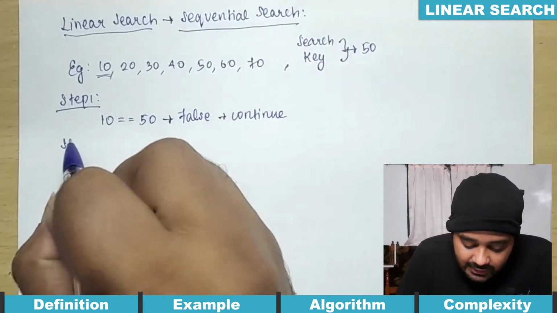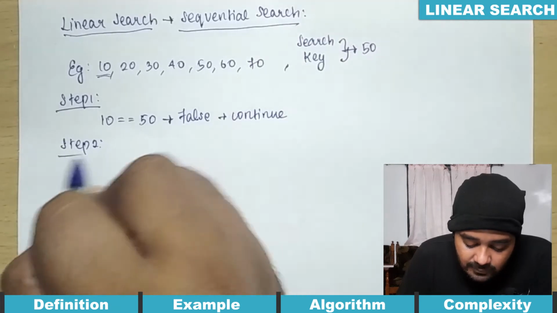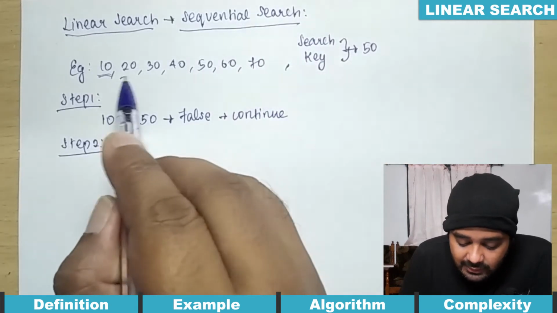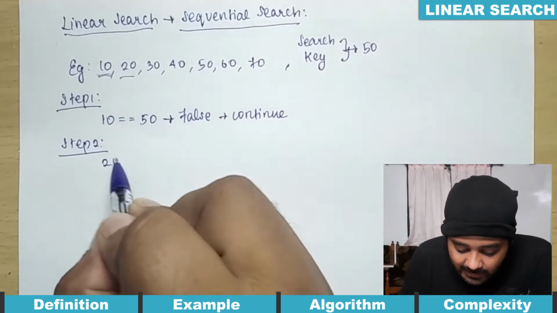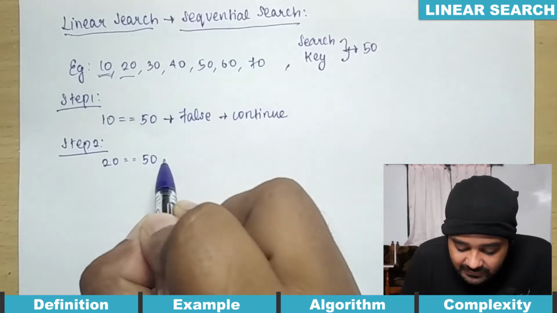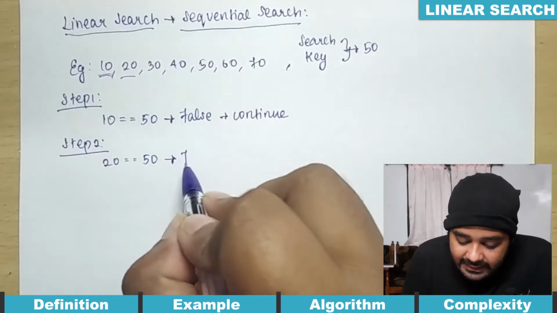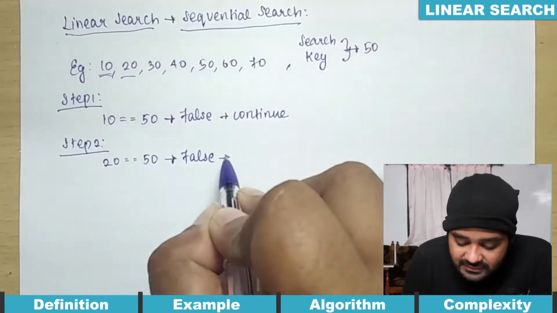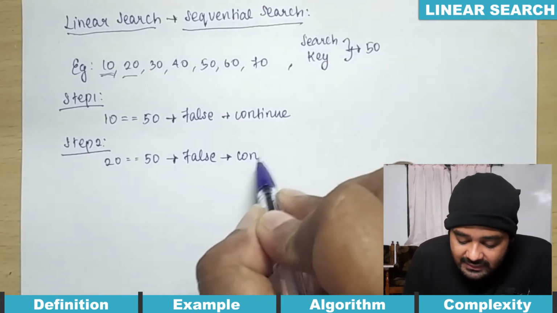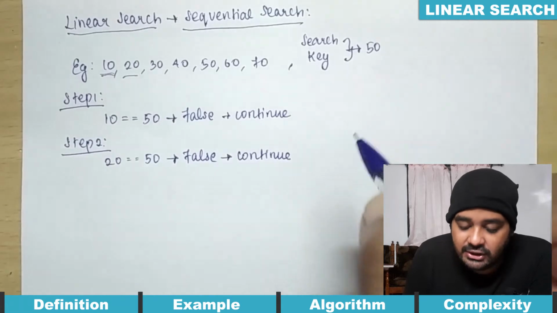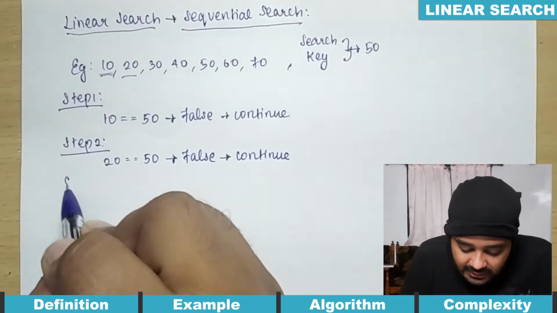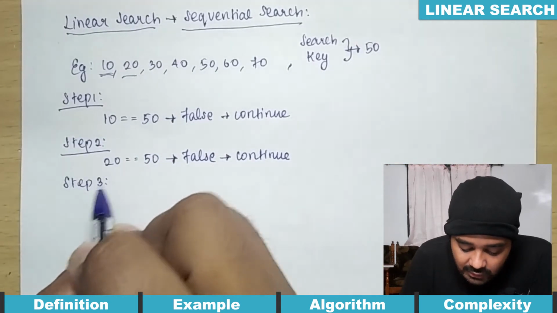The next thing is I move on to step 2. In step 2, I take the second element, which is 20, and compare it with 50. Again the condition is false, so I continue. Then I move on to step 3.